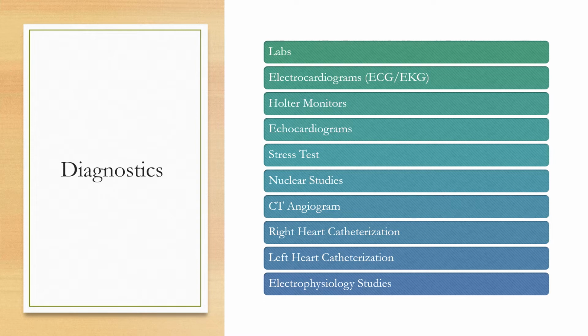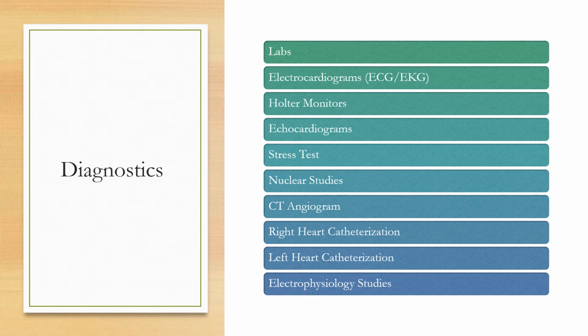stress tests by injecting stimulants into someone, such as persantine or dipyridamole or adenosine, to get their heart rate fast, and they don't have to do it on a treadmill, because many older patients can't do it on a treadmill. So we might call it an echo stress test, where we're going to inject them or put them on a treadmill and then lie them down and look at their heart when it's beating fast with an echocardiogram.